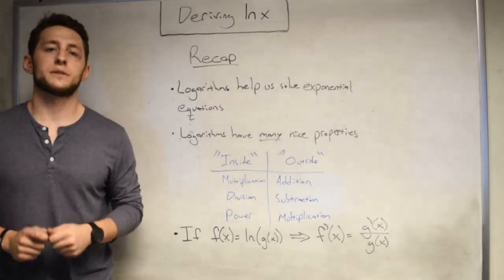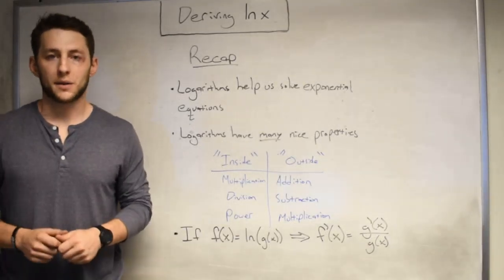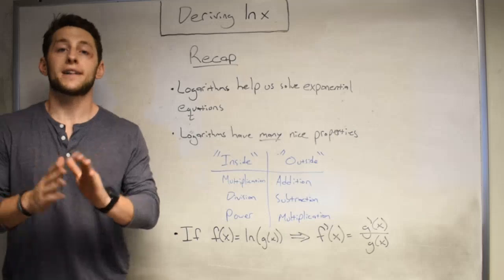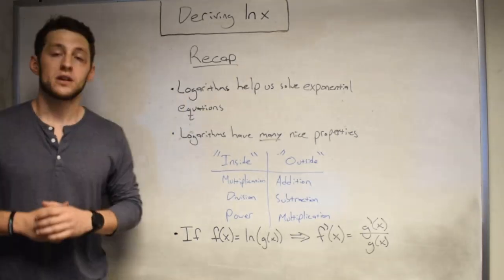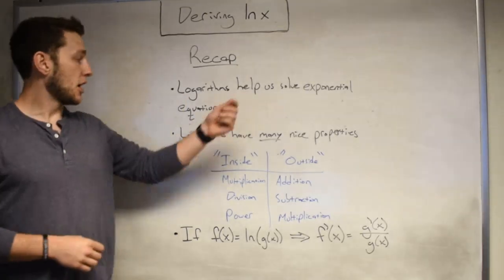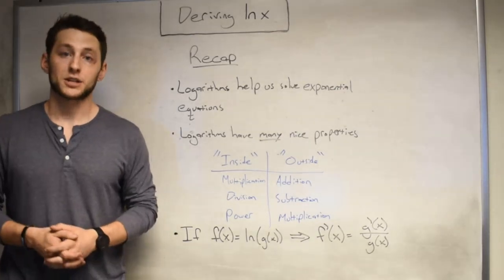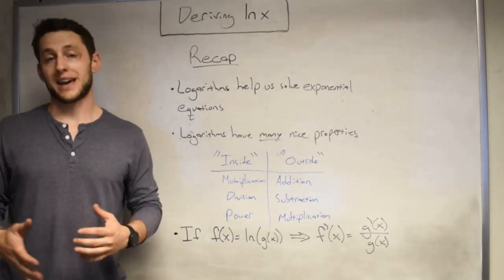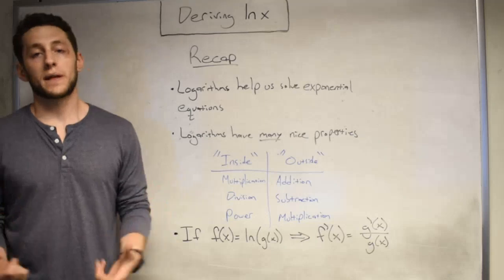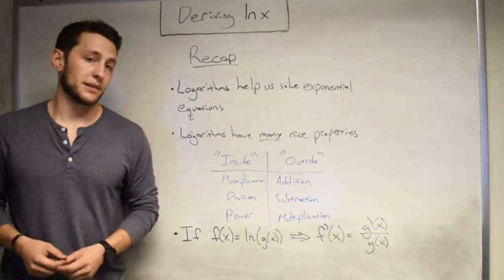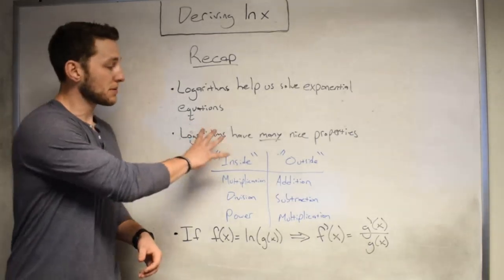Hey y'all, thanks for tuning in today with our exploration of logarithms and their derivatives. As a quick recap, first and foremost, logarithms come up and they help us solve exponential equations, such as 2 to the x equals 10, solve for x. That's where they arise from. The reason we like them so much is because they have very nice properties.